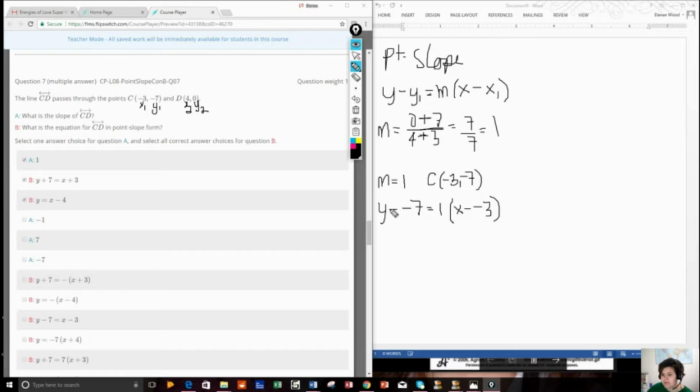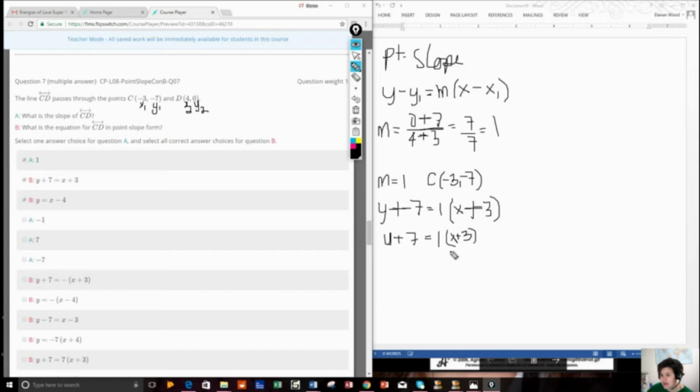Again, we have this minus a negative, so there's our addition. And I'm going to rewrite it as y plus 7 is equal to 1 times x plus 3.